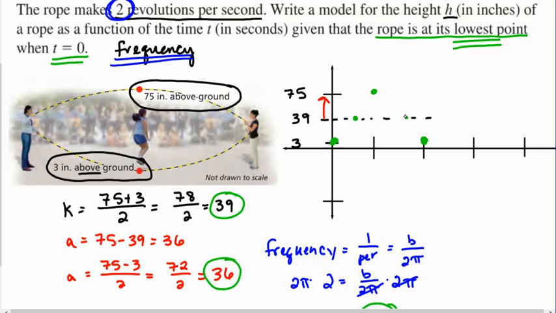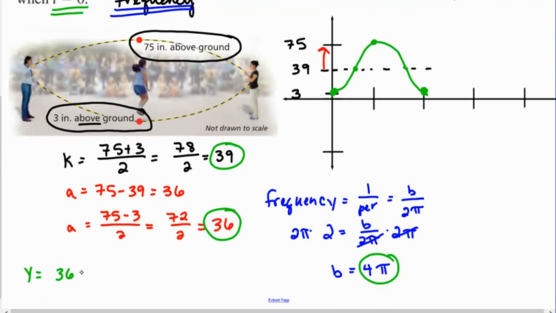So this is actually going to be a reflected cosine function because it's not starting at the midline, it's starting at the bottom. If it starts at the midline, it's going to be sine. If it starts at the top or starts at the bottom, it's going to be cosine. So I'm going to use cosine this time. So 36 cosine of 4 pi t, and then my k is going to be plus 39.